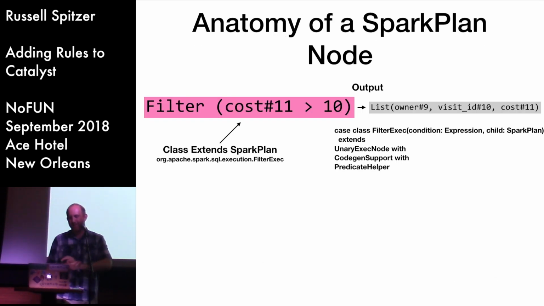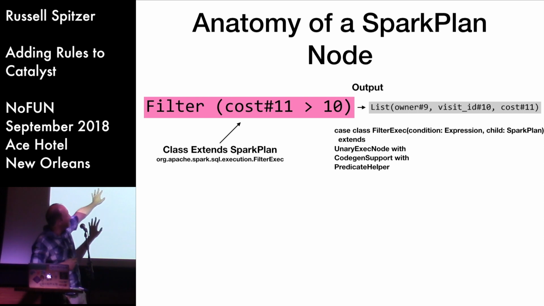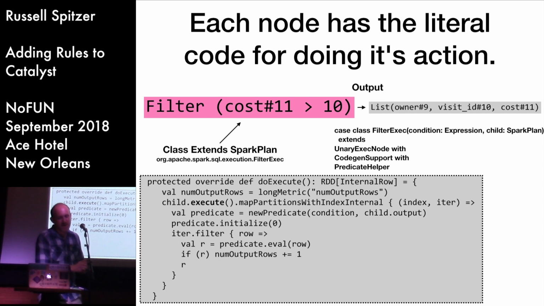The anatomy of a Spark plan is a little similar in that it has the same kind of nice structure here. It's got filter, we've got this set of expressions, and we've got output, but it extends a whole bunch of other classes. And this is where the how really comes into play. For example, this filter node has this as a method inside.